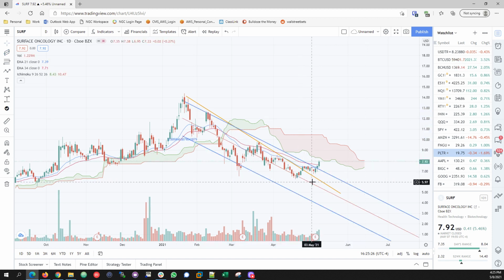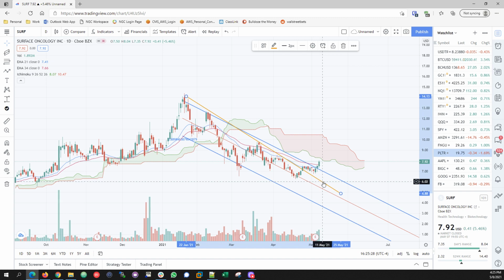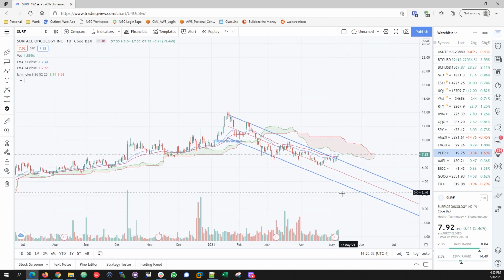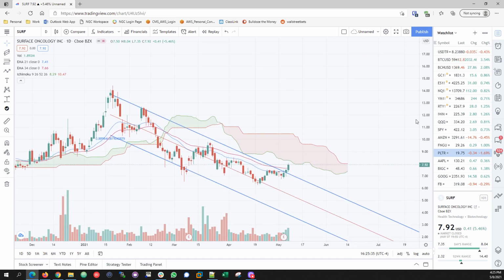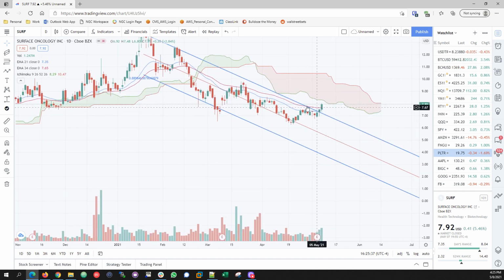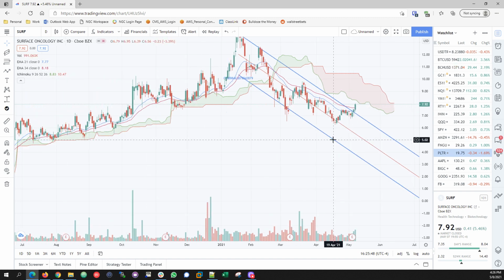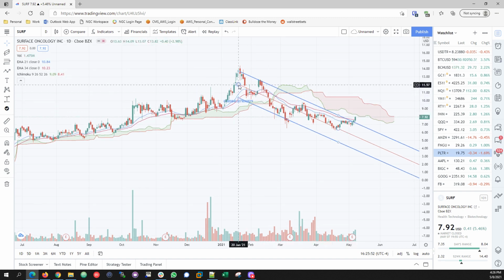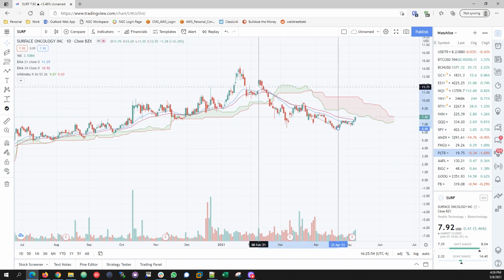My trend line was a little different, but we can go ahead and this is good. I like that it broke above all the EMAs, the 34 and 21, and then it's getting close to the cloud, but that's the scary part. When you're getting close to the cloud and you get a rejection, bam. You do want to watch out for that. Let me see if I change the trend line from here.